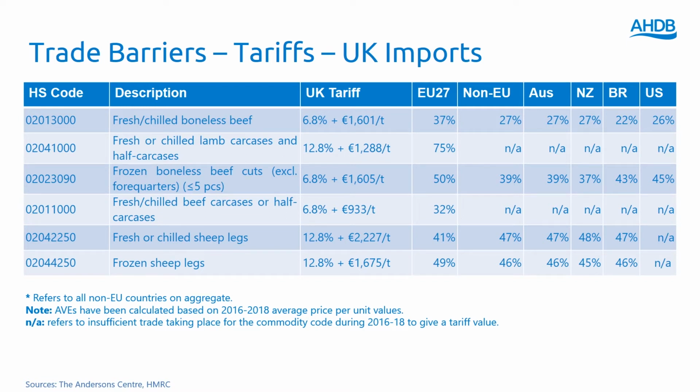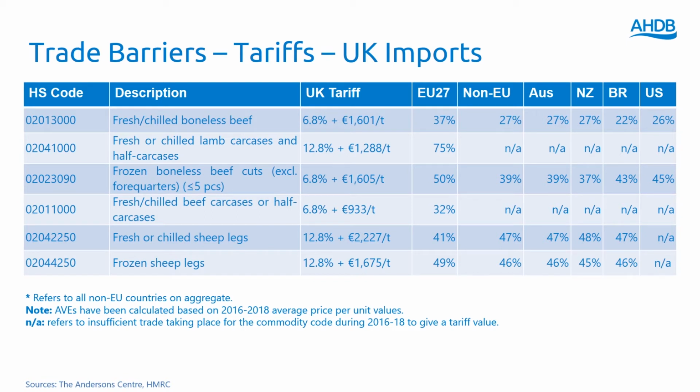Those tariffs work out a little bit less in percentage terms overall, because these tariffs have both a percentage and a fixed component. And for the imports coming in from non-EU countries, often the prices of those are higher than what's coming in from the EU at the moment. So the tariff, when it works out in a percentage level, comes in at a lower tariff level between 22 to 27% in the case of boneless beef in particular.